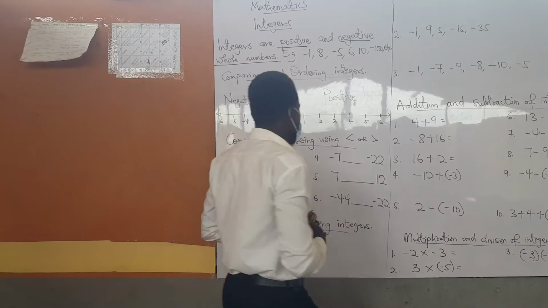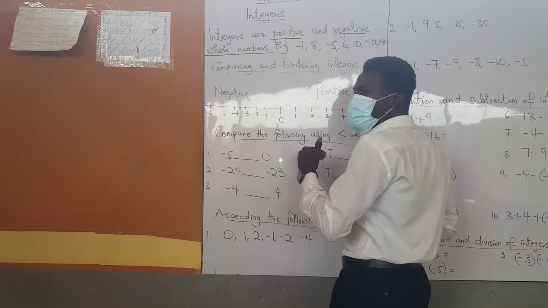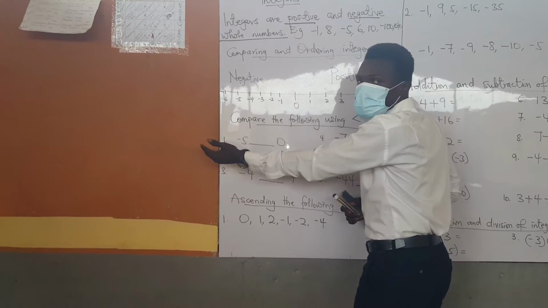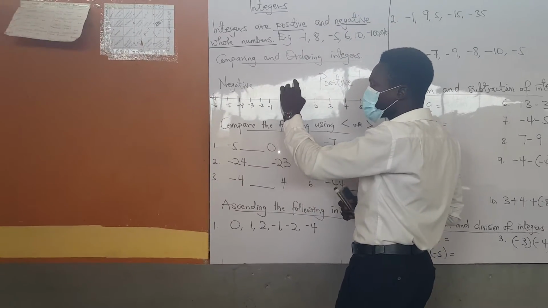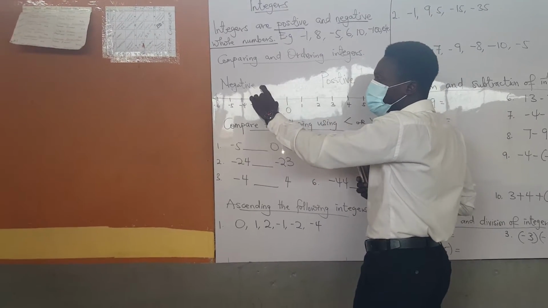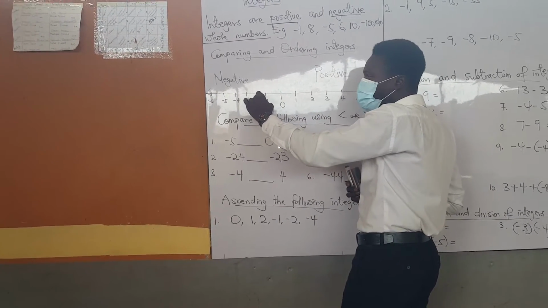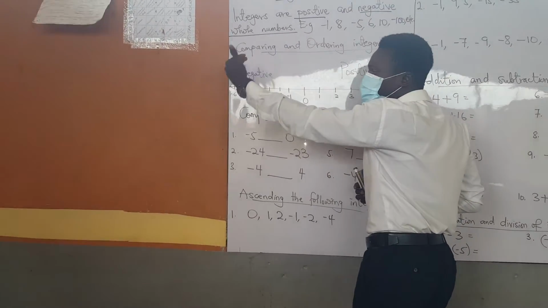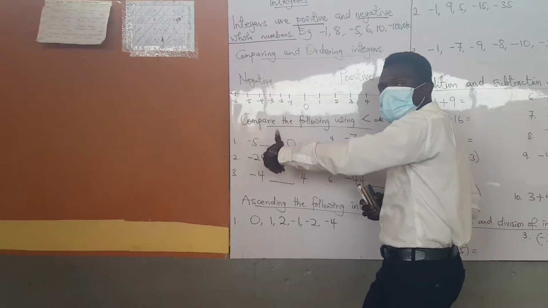Why? Because if you move towards your left, you are decreasing. So 0 is greater than -1. -1 is greater than -2. -2 is greater than -3. -3 is also greater than -4.